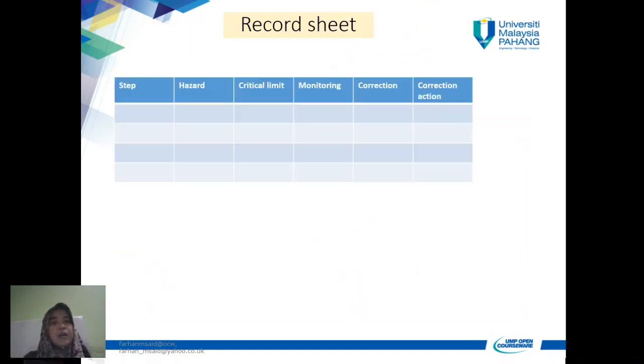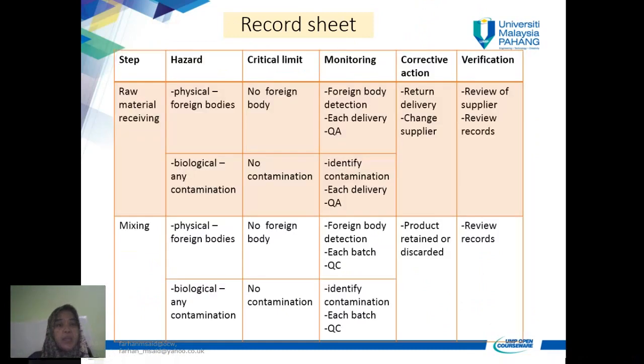Okay, so this is an example of the record sheet of the HACCP plan. In this record sheet, it consists of the step, hazard, critical limit, monitoring, correction, and the corrective action. Okay, so let's have a look at the example.